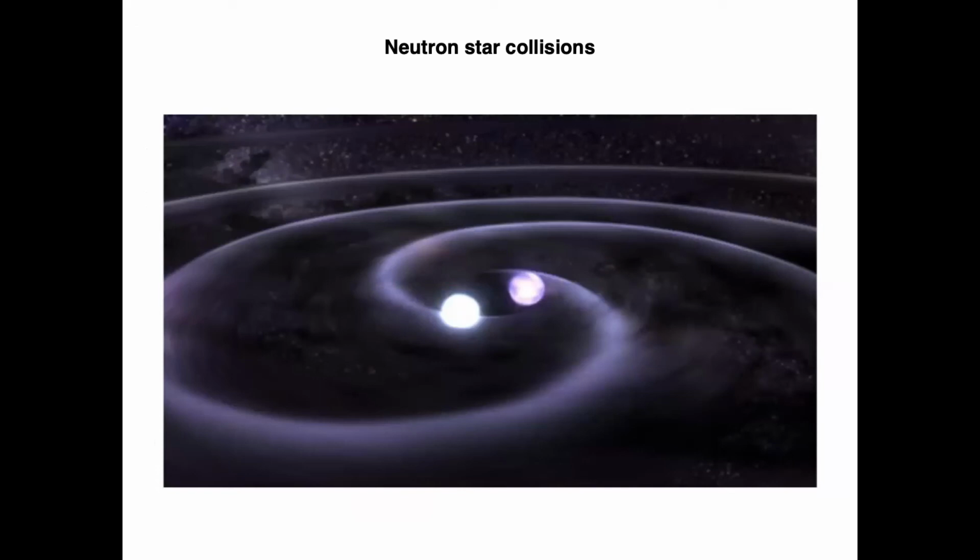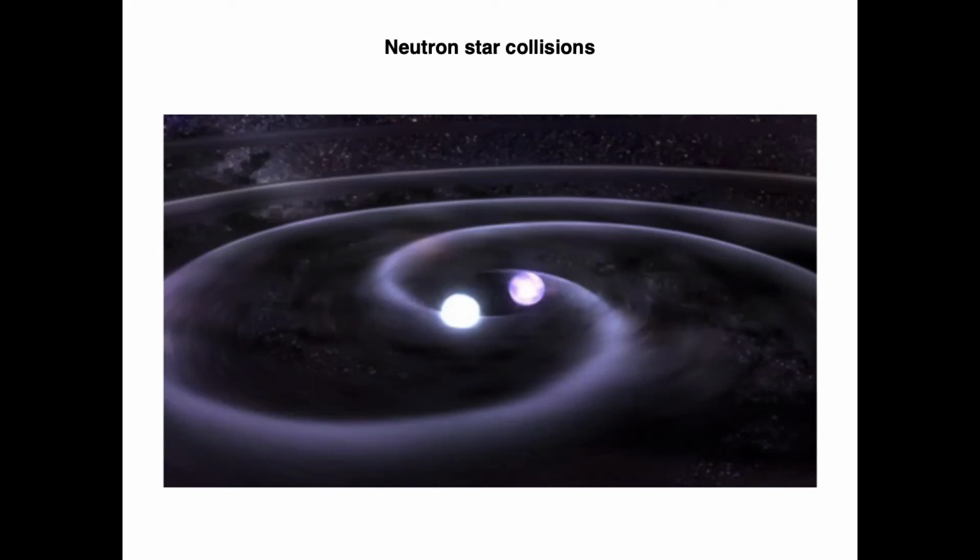But if you have a third body, a triple, the inner binary can execute Kozai-Lidov oscillations and get to high eccentricities that bring them to the closest separation. And even if they don't collide immediately, they can get close enough that at the pericenter, the emission of gravitational waves is very intense, and they start to get closer and closer.